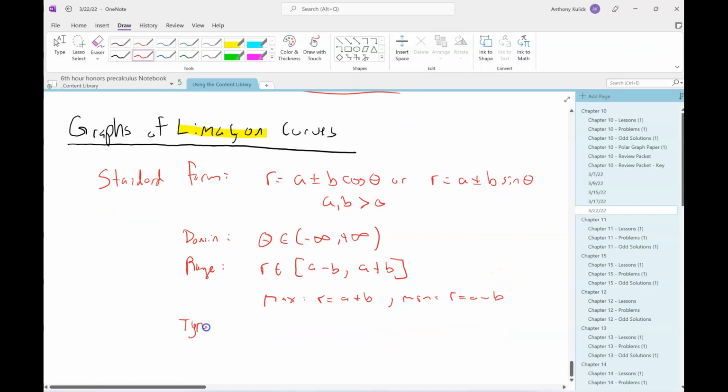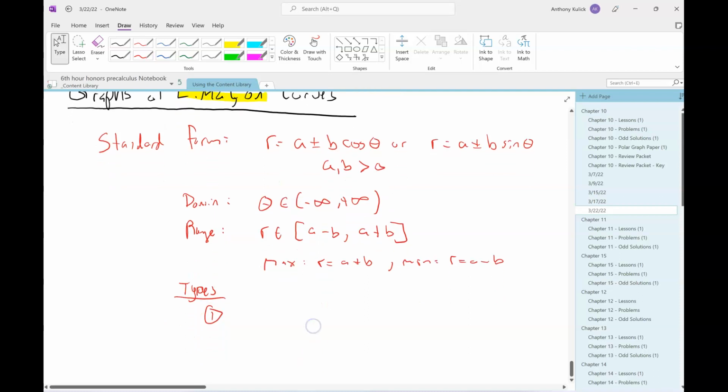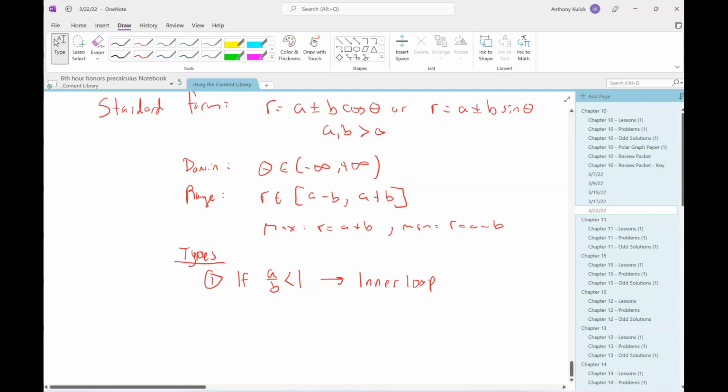And now there are 4 types of limaçon curves, and we can classify those 4 types by the ratio of a to b. If a over b is less than 1, that's an inner loop.